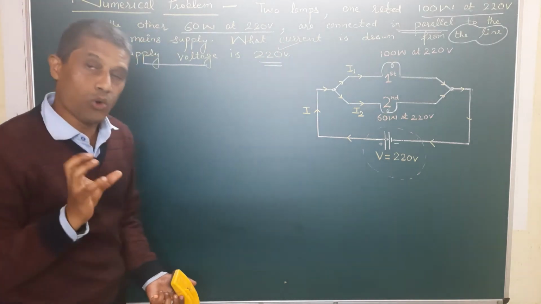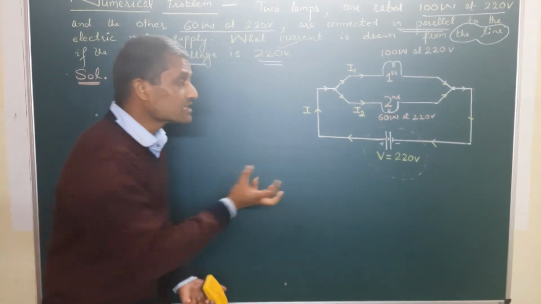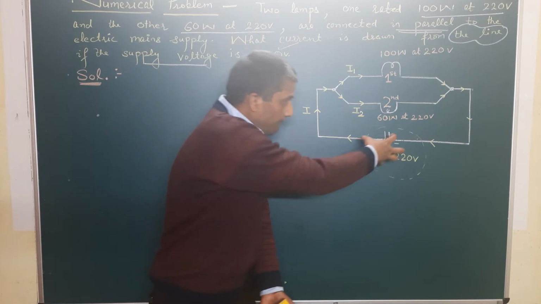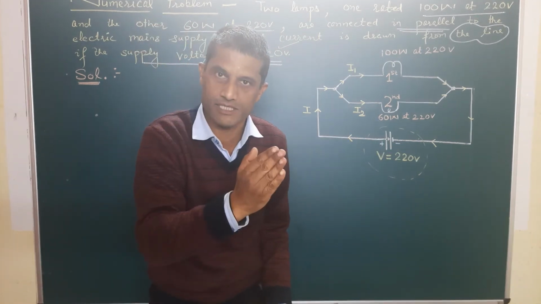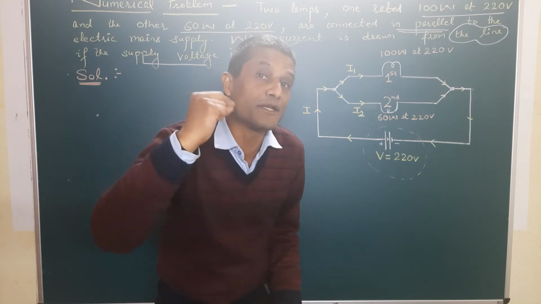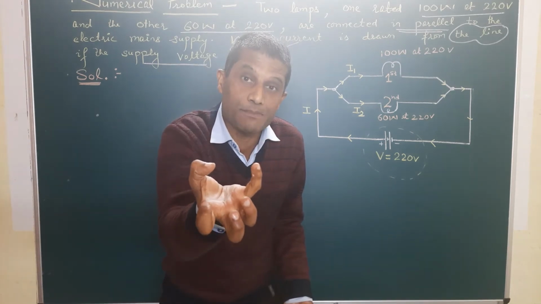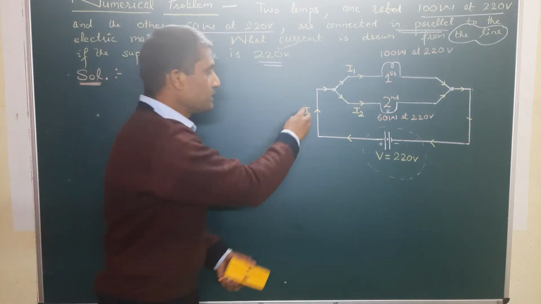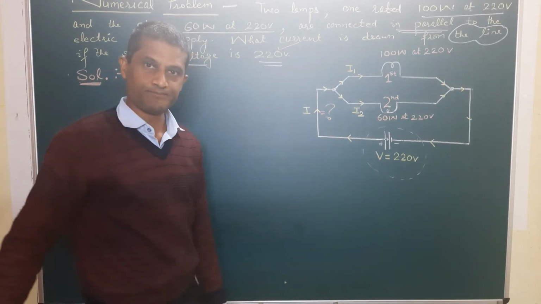The question is asking for the current coming from the main supply line, which is the total current flowing in the circuit. So we need to find the total current I. That is what our question is.